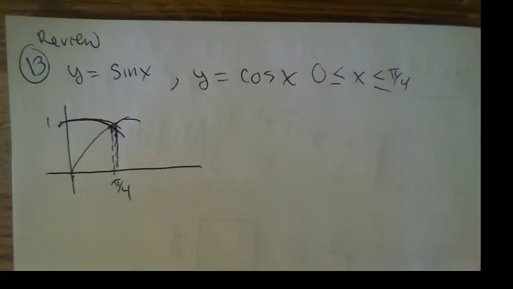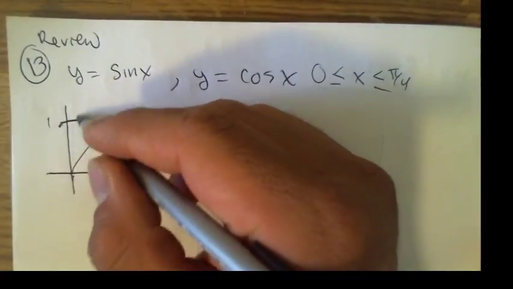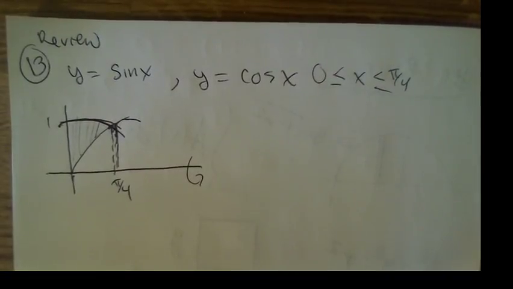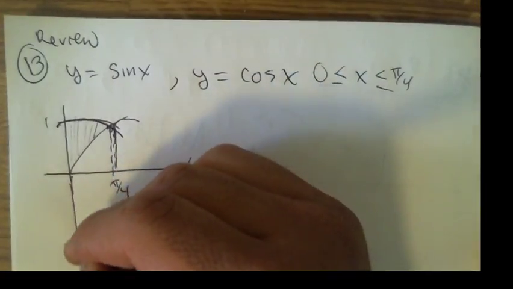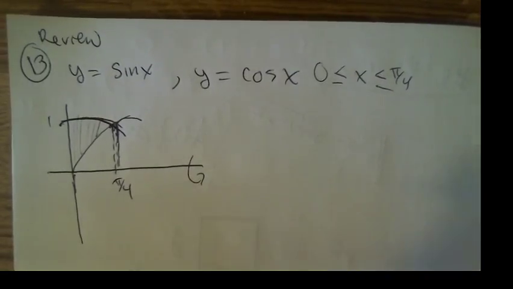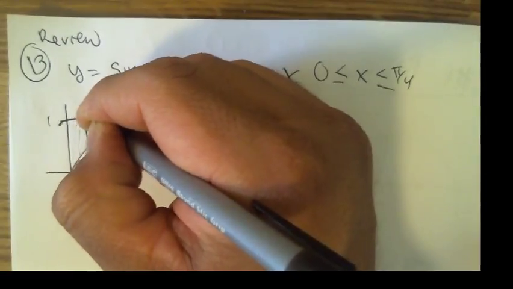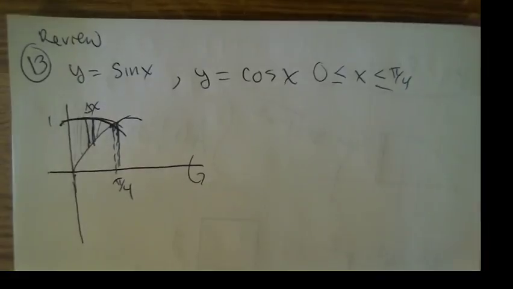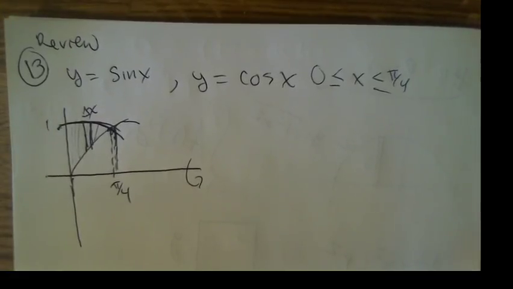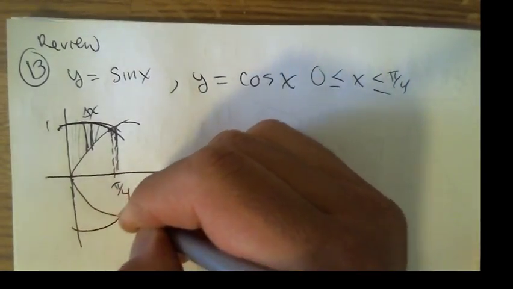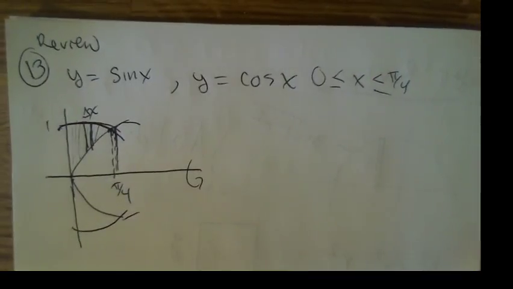All right, so we want to take this region here, and I want to rotate it about the x-axis. So again, it's going to be a dx, and it looks something like this.